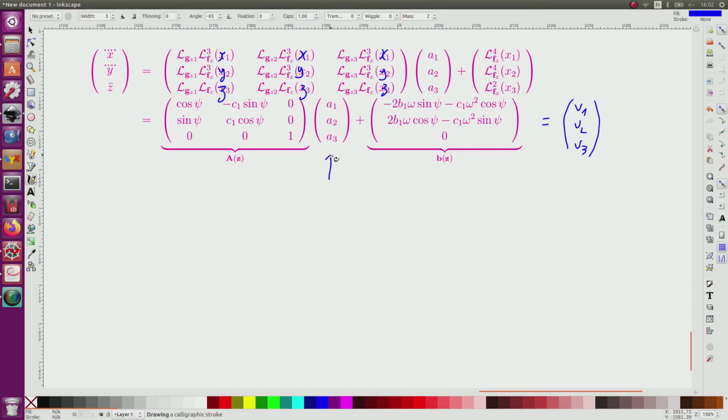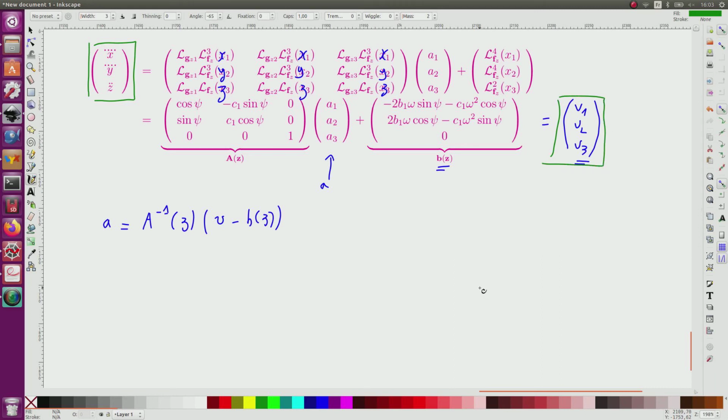I can choose these values as I want, so I will choose a equal to A inverse of z, to cancel this one, minus v, this vector, minus b of z, this vector. If I choose this, then I will have this equal to this.